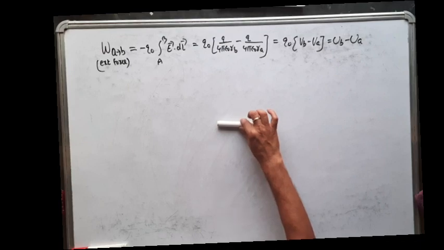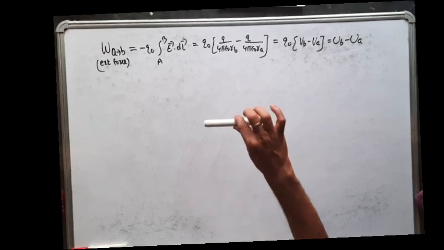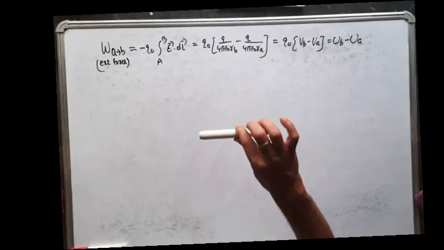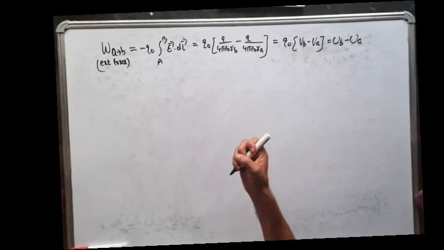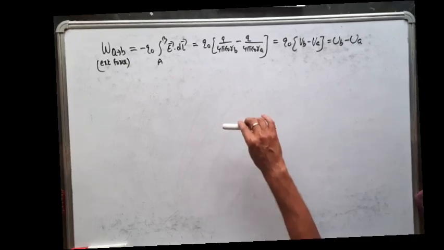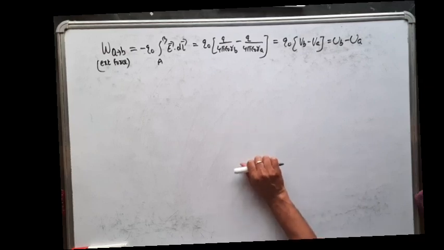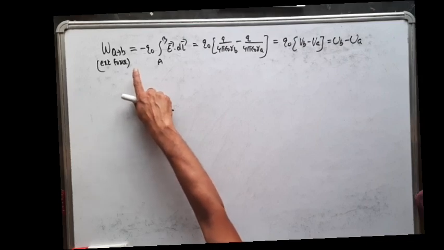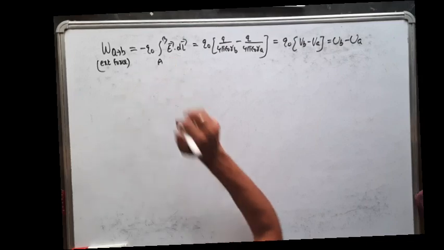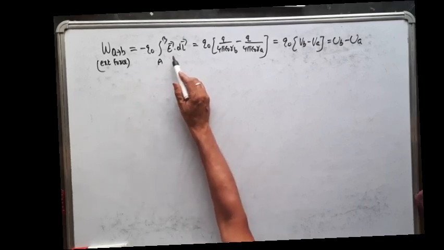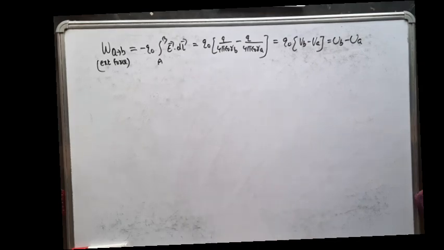When I am raising this pen to a certain height, I am doing work against the gravitational force, and that work will be stored in the form of potential energy. Similarly, we are doing work against which force? Electrostatic force. So the total work done will be stored in the form of potential energy.